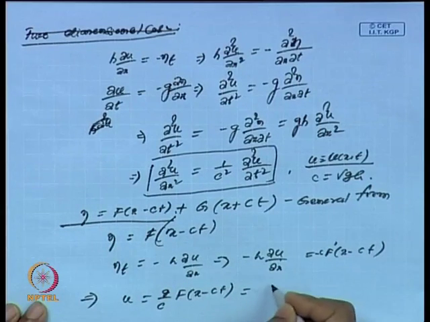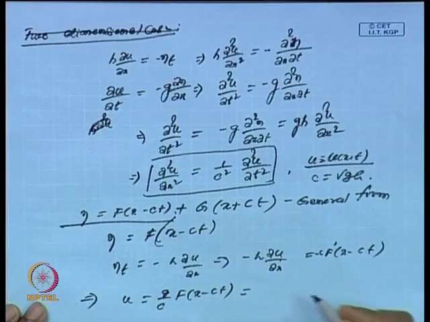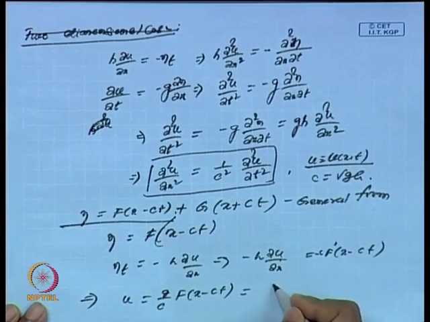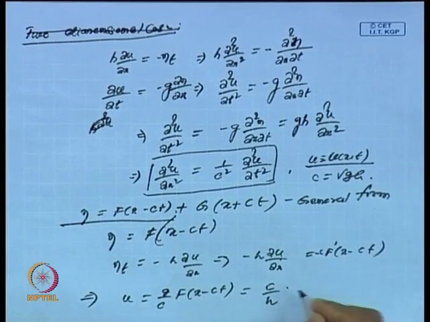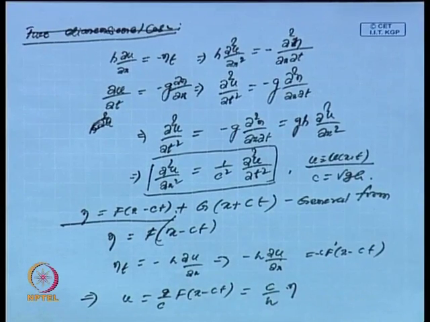And that is equal to g by c, and it is the same as, because c is root g h, that will give us c by h into eta.